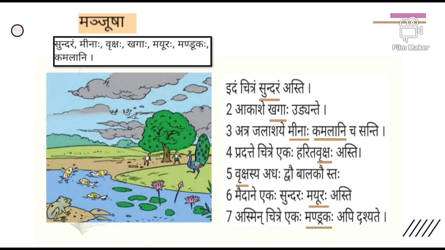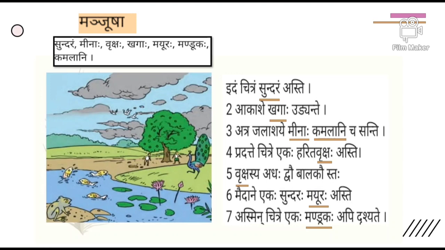In all these words, we have to use halantam, but not always. But here, asmin chitre, balikah kridanti. One example sentence I am telling. Asmin chitre means in this picture. So asmin can be used in one sentence.